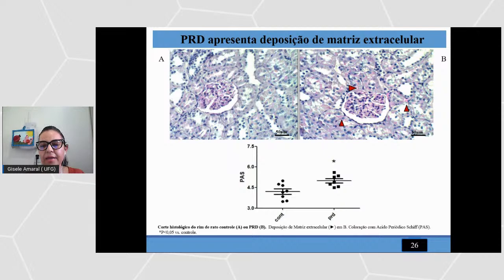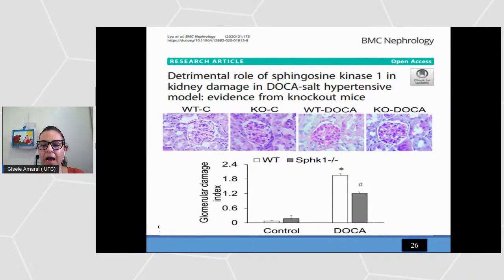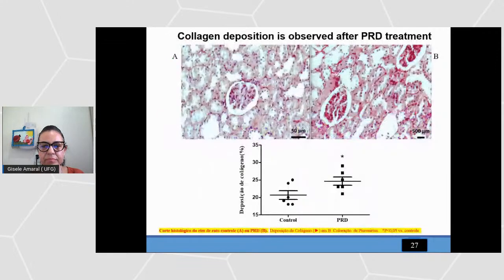In a study carried out previously, hypertensive animals by the DOCA-salt model also had a greater deposition of extracellular matrix in the region of the glomerular capsule, giving rise to glomerulosclerosis.